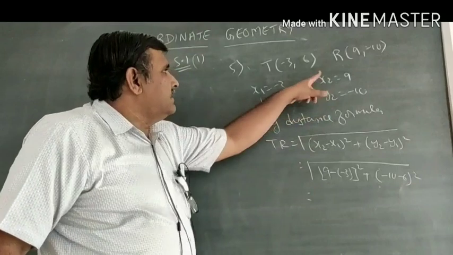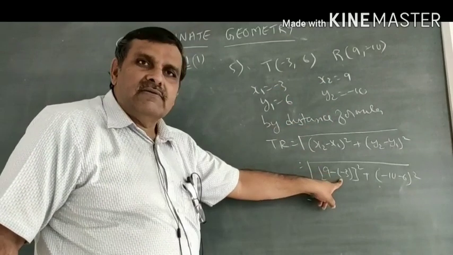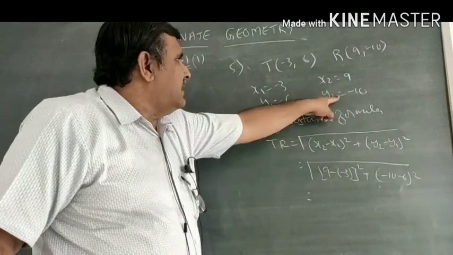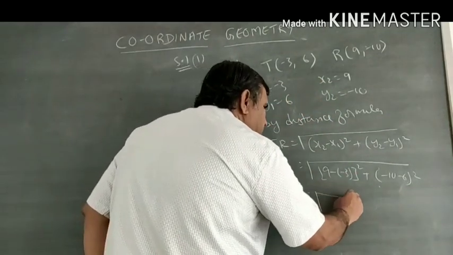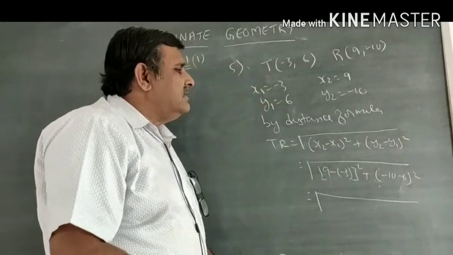See, 9 minus minus 3, I am making use of the small bracket here, and minus 10 minus 6, directly I am writing. Now next step, see, you have to be very careful in this type of sums.